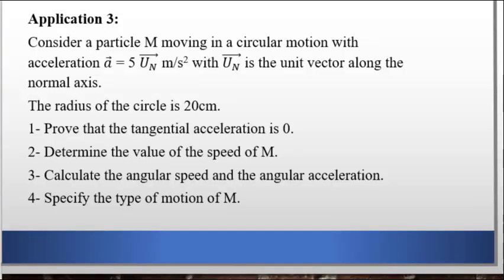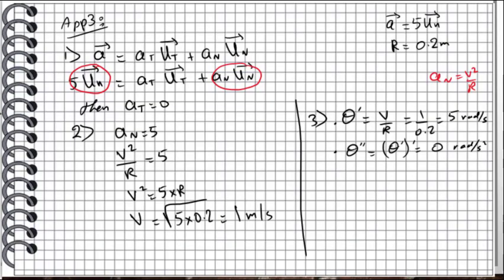Part 4. Specifying the type of motion. The motion is uniform circular motion. I can justify by 3 methods, in fact. Since the acceleration is along the normal only, I can specify by that.